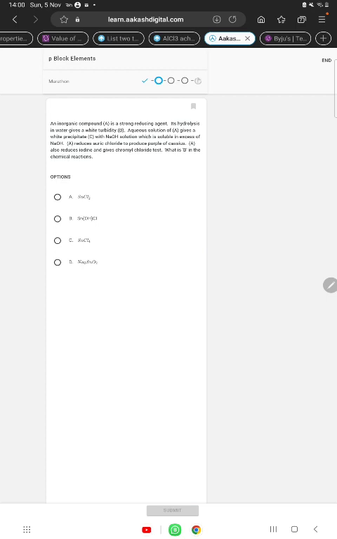In an organic compound, A is a strong reducing agent. It hydrolyzes in water to give white turbidity B. Aqueous solution of A gives white precipitate with NaOH solution which is soluble in excess of NaOH. It reduces auric chloride to produce the purple of Cassius.